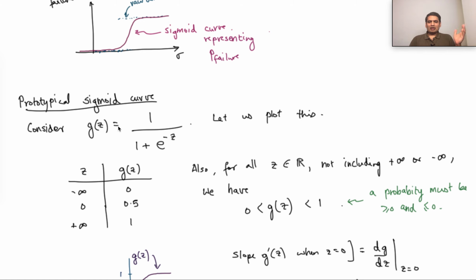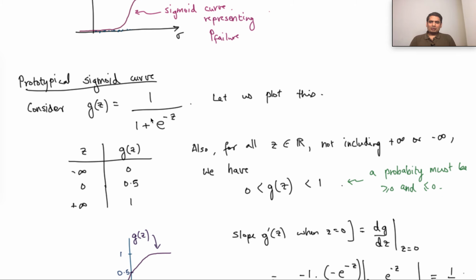Any number of functions have a functional form that looks like this, but this is the one most commonly used in this particular case because of some underlying probabilistic rationale. Nevertheless, for now, let's just go with this functional form.